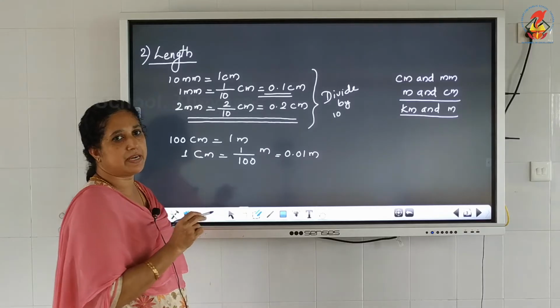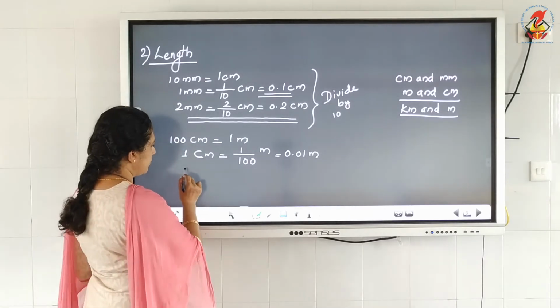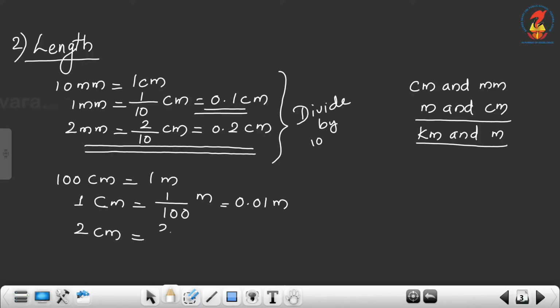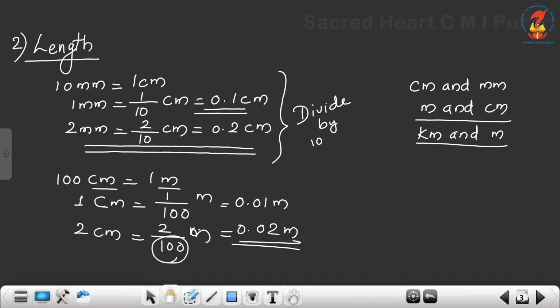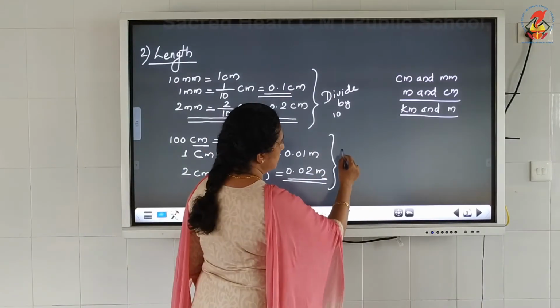So the decimal part will consist of 2 digits, 2 places. Therefore 2 centimeter means 2 by 100 meter, which is equal to 0.02 meter. So in order to convert centimeter to meter, we have to divide by 100.